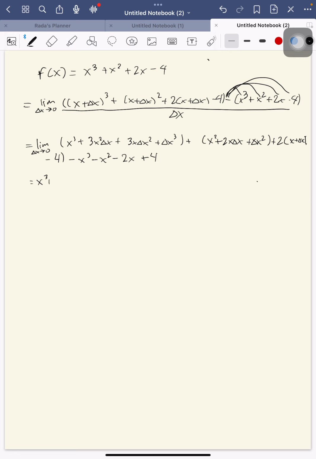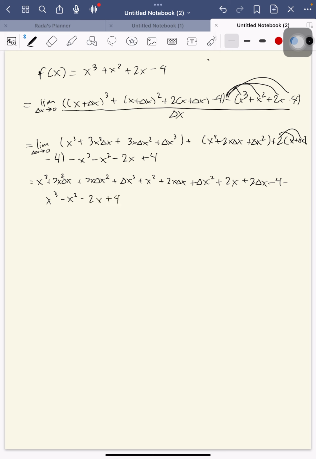Just put x cubed plus 3x squared delta x plus 3x delta x squared plus delta x cubed plus x squared plus 2x delta x plus delta x squared, plus 2 times x is 2x, 2 times delta x is 2 delta x, minus 4 minus x cubed minus x squared minus 2x plus 4.